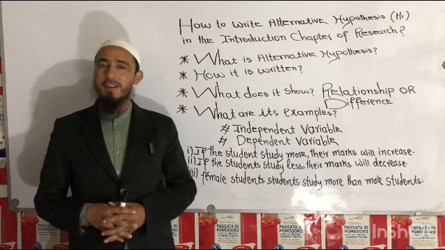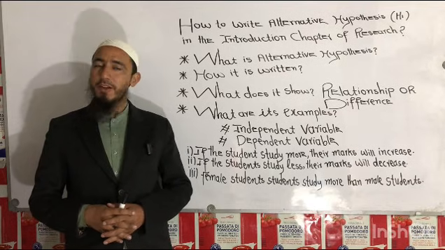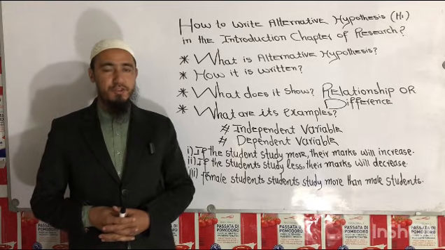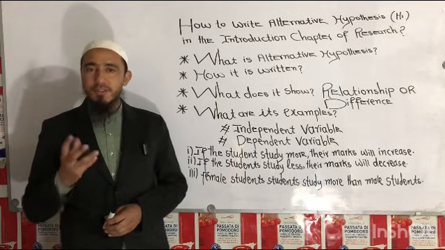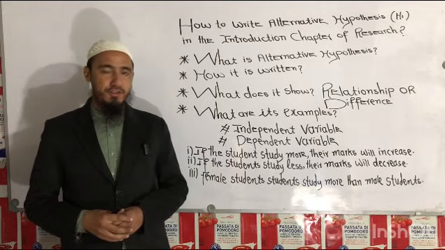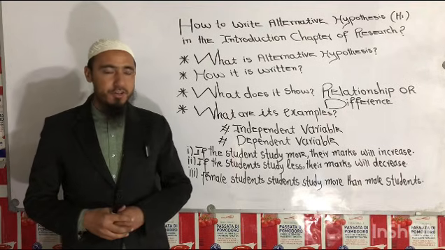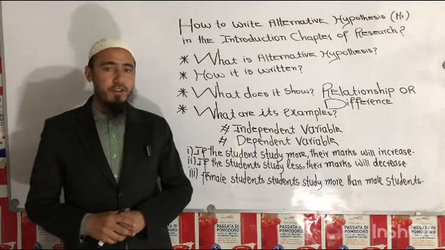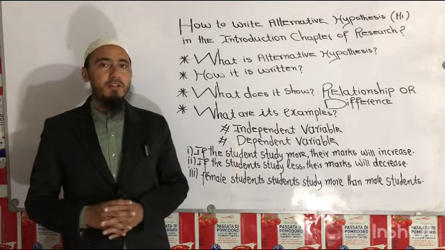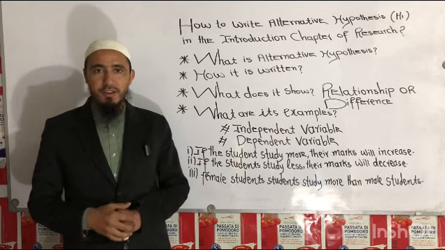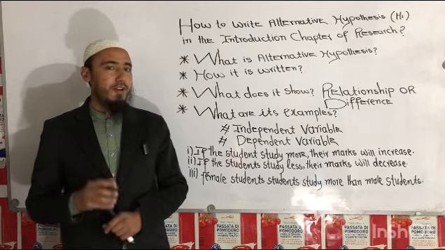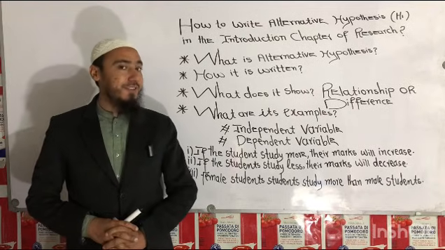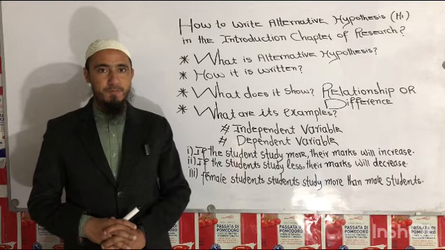After that, we started the first chapter of research, that is how to write the background of the study, the statement of the problem, research objective, research question, rationale of the study, research gap, and the significance of the research.